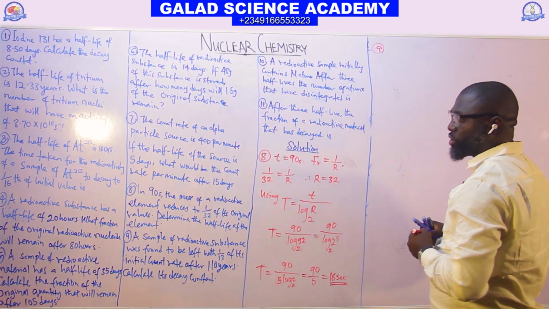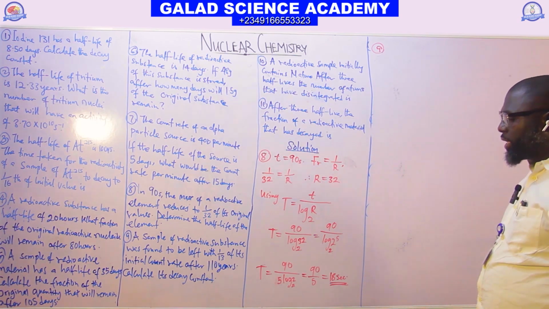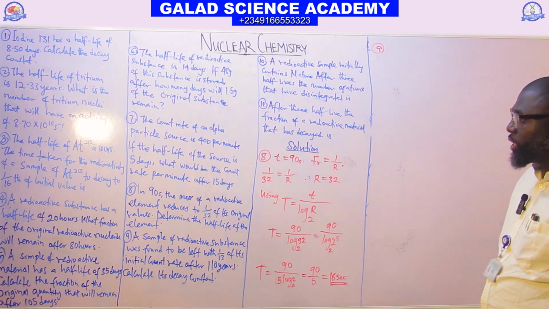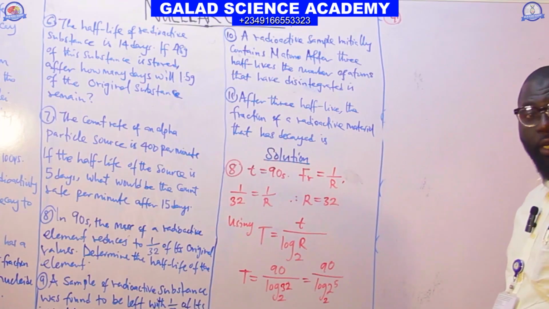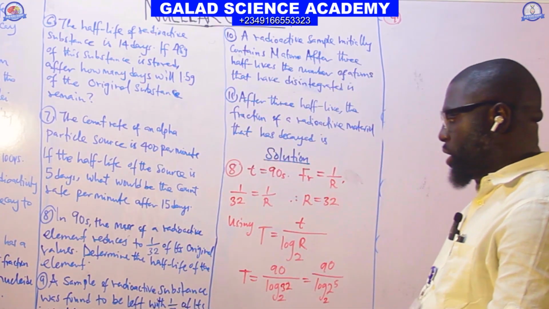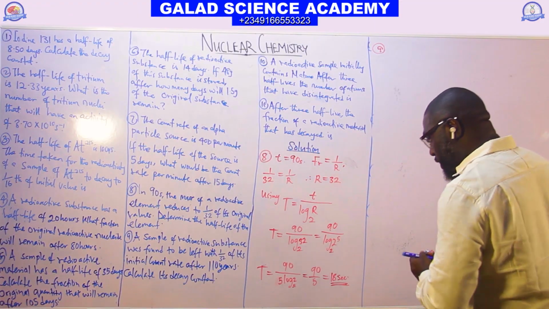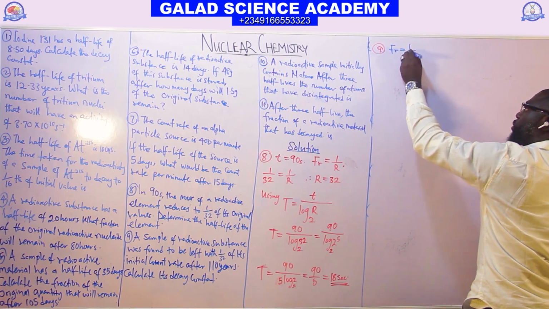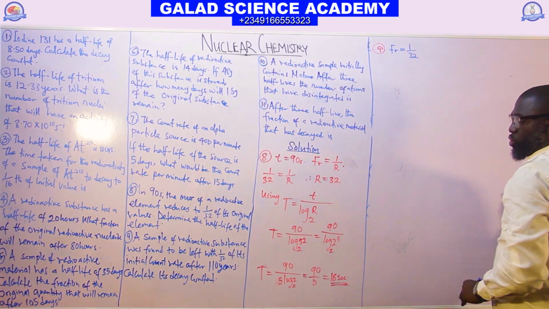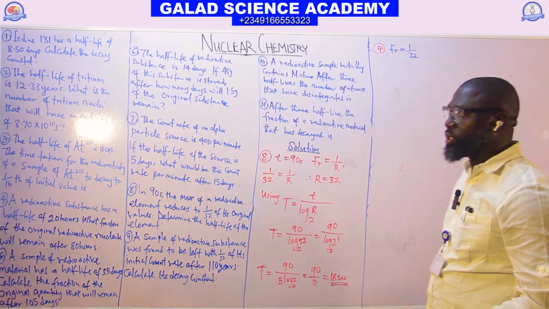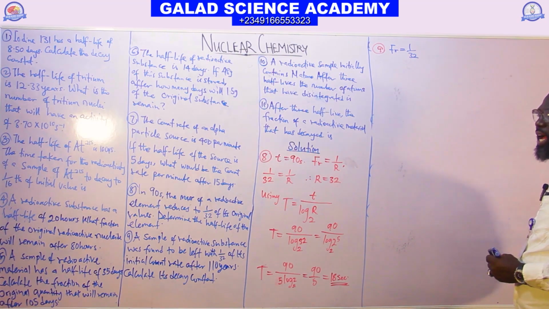So the number 9 question, we are given that a sample of radioactive substance was found to be left with 1 over 32 of its original count rate after 110 years.